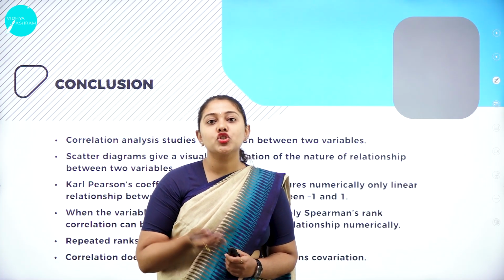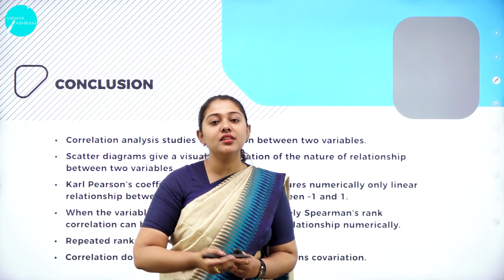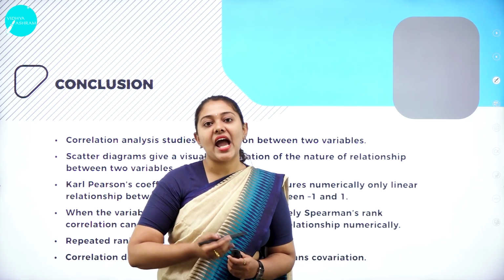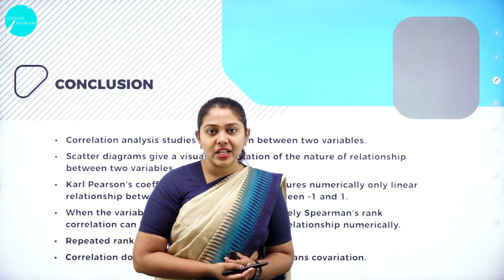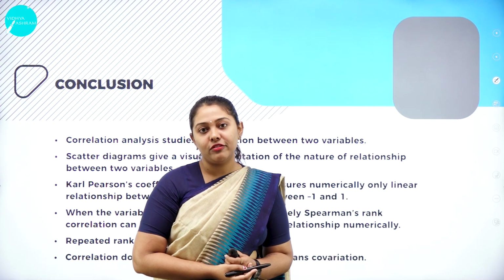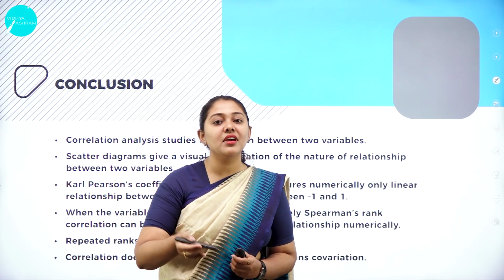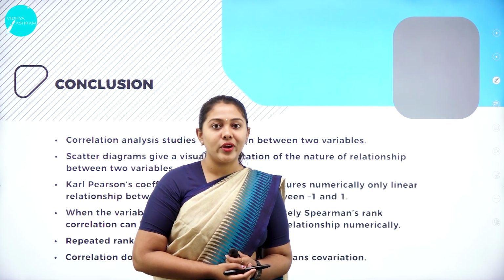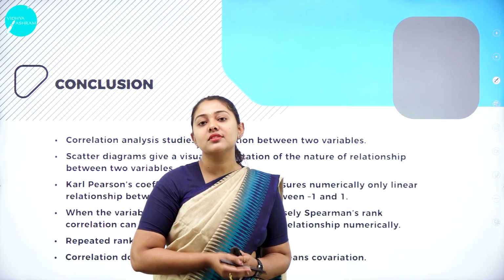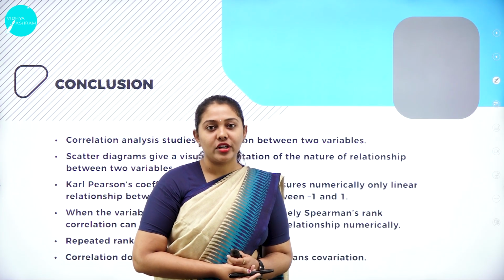Under correlation, to measure the relationship, we have 3 tools: one is the scatter diagram, the other is Karl Pearson's coefficient of correlation, and the last one is Spearman's rank correlation coefficient. So far we have discussed this chapter, and it is very important for you all.